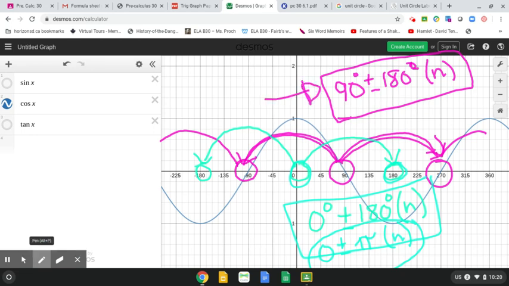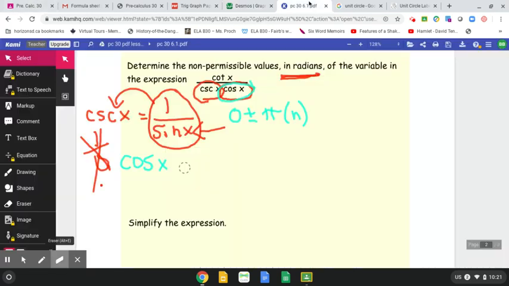So that's when cos x equals 0. Again, we are in radians, so instead of 90 degrees, it's going to be pi over 2, and plus or minus 180 is pi, and then the n. So pi over 2 plus or minus pi n. We're going to go back here and write pi over 2 plus or minus pi n.